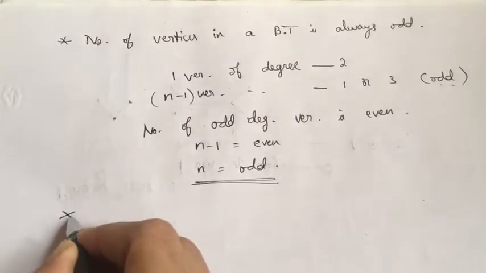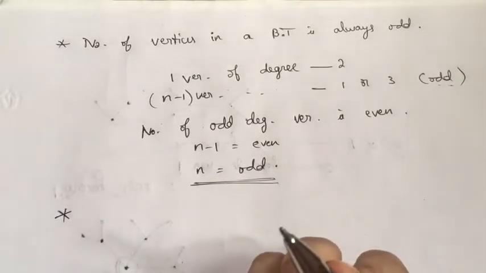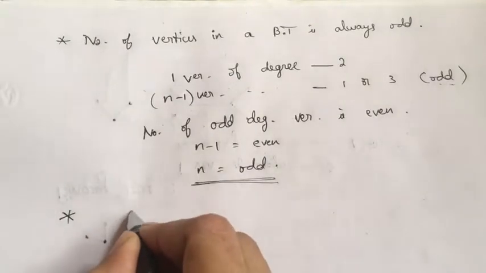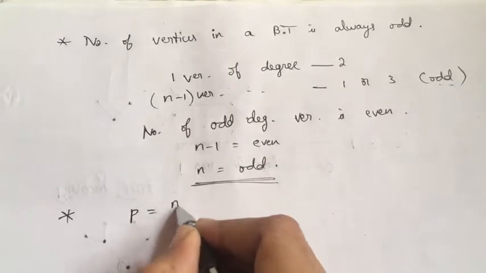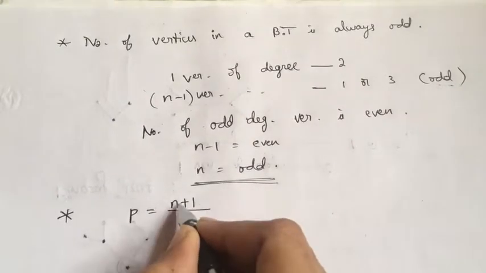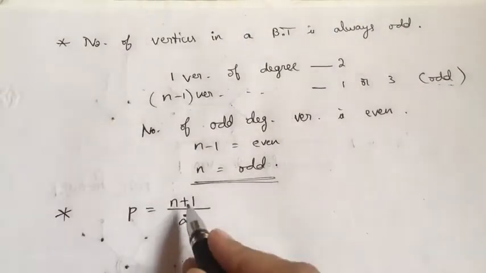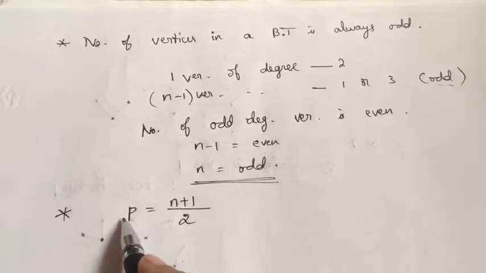One more thing we can observe is how many pendant vertices there are in a binary tree with n vertices. It says the number of pendant vertices is 1 plus the number of vertices, divided by 2. I'm considering a tree with n vertices and p pendant vertices.